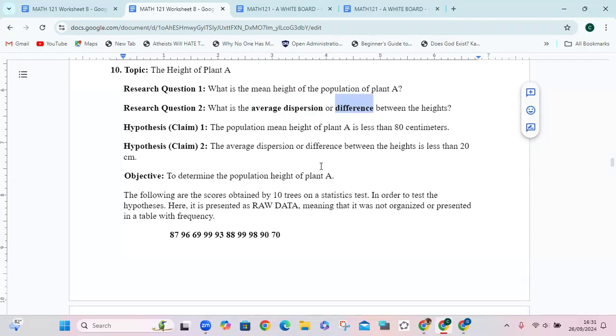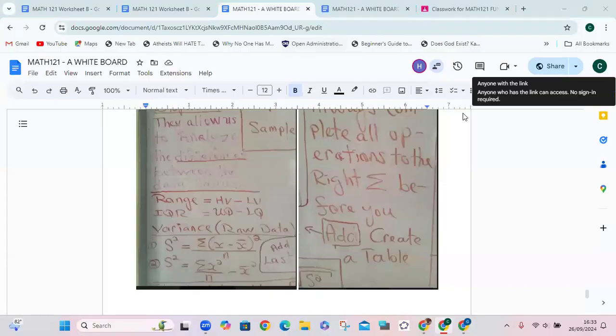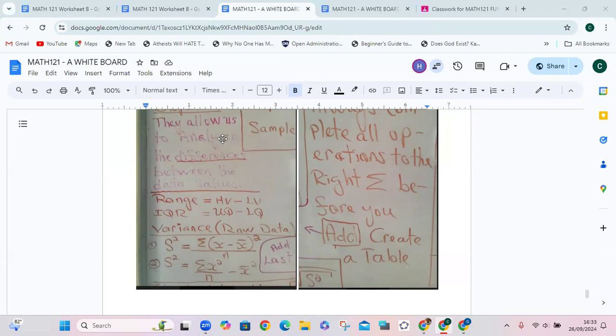And as you can see in part C1, we discussed the descriptive measures for dispersion. Measures of dispersion allow us to analyze the differences between the data values, not the average of the values themselves, but how different they are from each other.